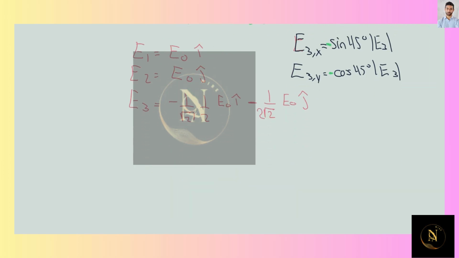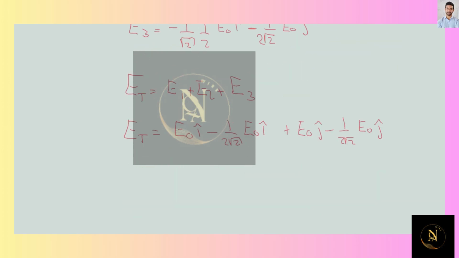Due to the superposition, the total electric field is equal to E1 plus E2 plus E3. The total field would be E0 on i minus 1 over 2 times the square root of 2 E0 on i, plus E0 on j minus 1 over 2 times the square root of 2 E0 on j.